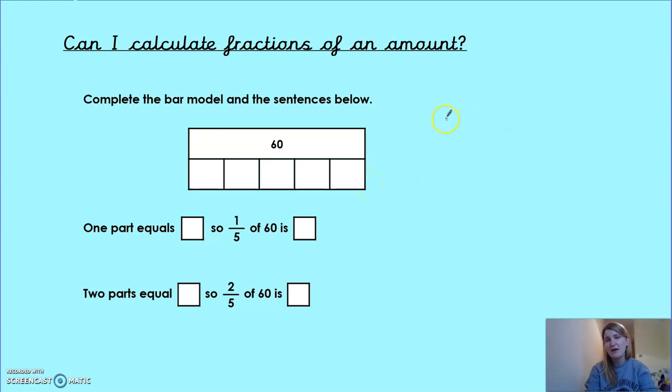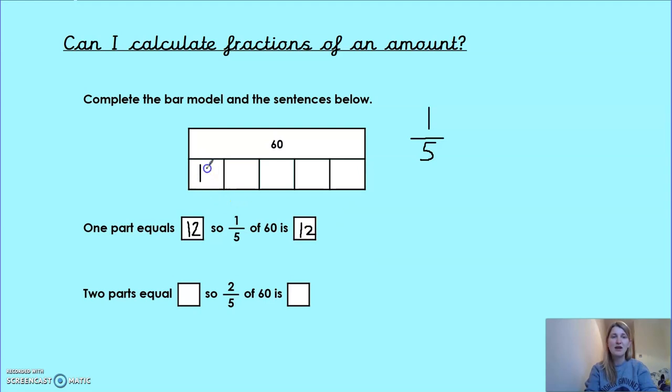Now we know the fraction with five parts would be fifths, and we want to know what one part is, which is why I put the one part there. So I'm going to do 60 divided by 5, and that's going to give me 12. I've used my times table, so one part equals 12, so 1/5 of 60 is 12.